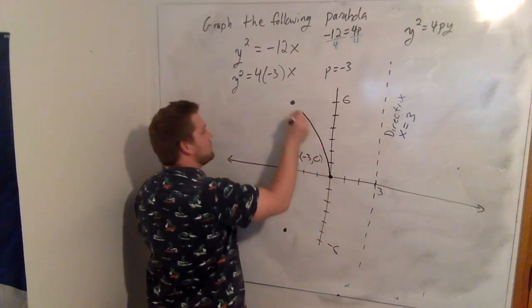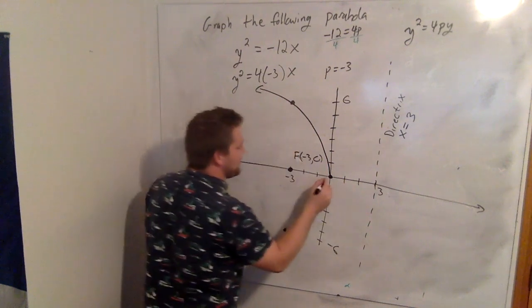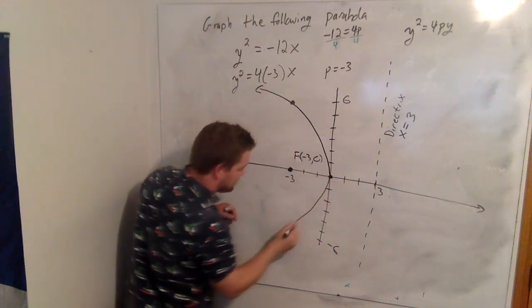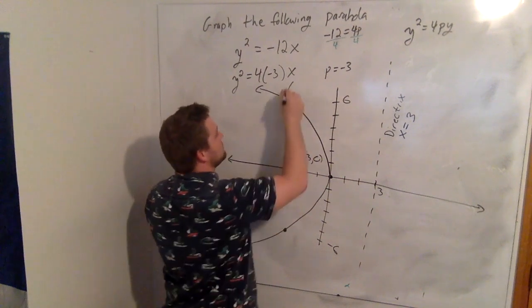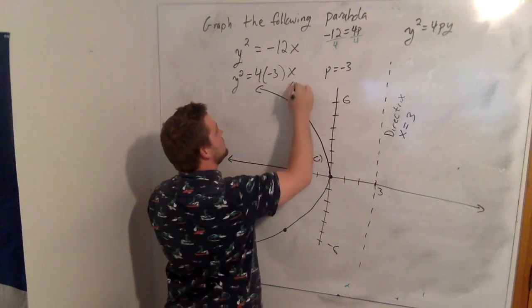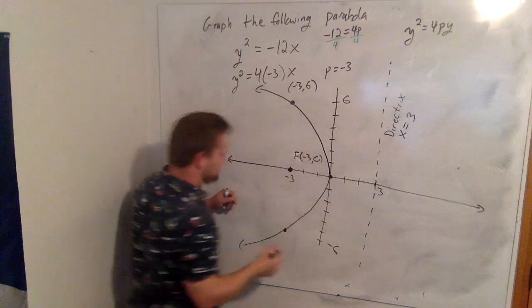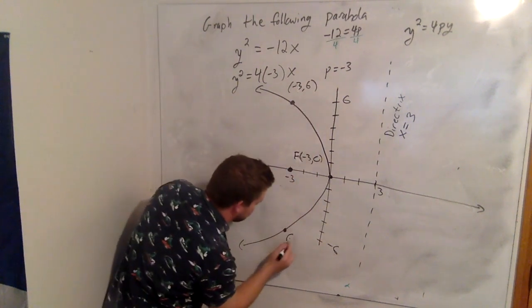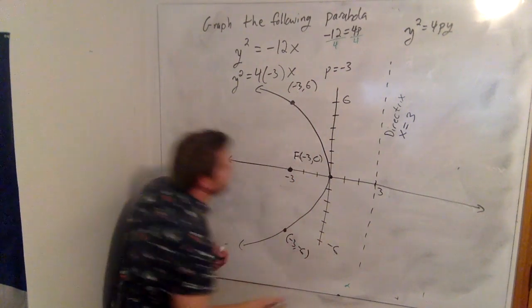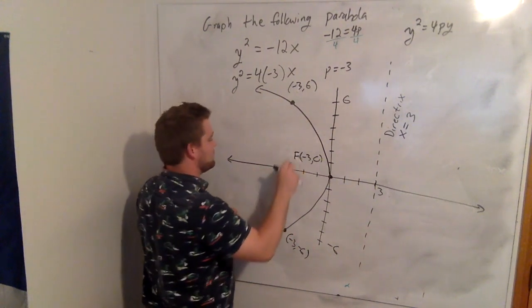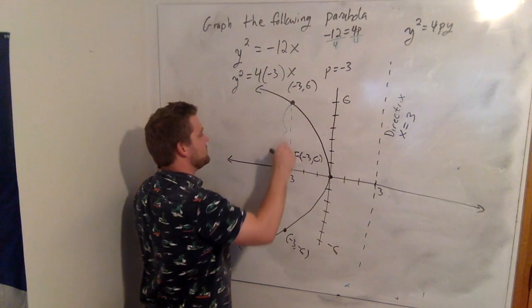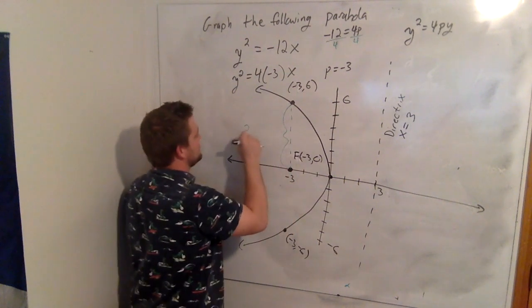So now we have our parabola. Let's label these points. This point here is (-3, 6), and this point here is (-3, -6). It's good to note the distance from here to here is 2p.